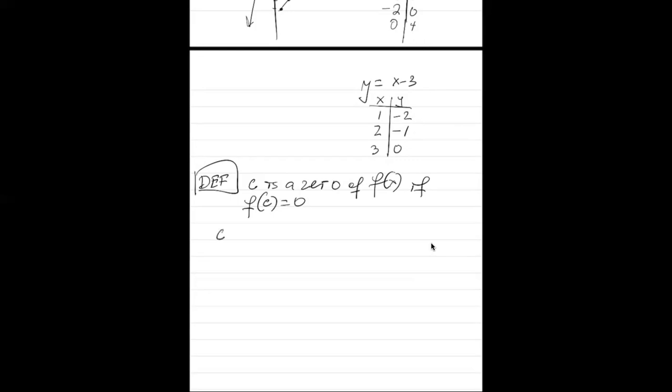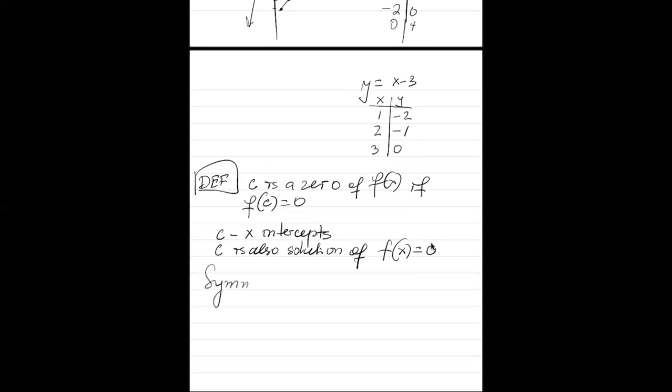So c also becomes an x-intercept. The zero c of f is the solution of f of x equals 0. So c is also a solution of the equation f of x equals 0.